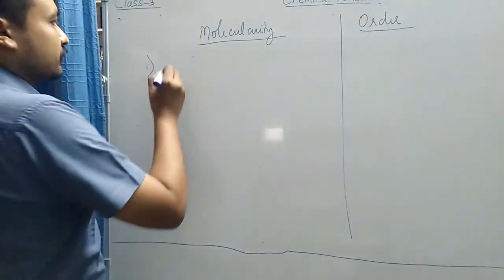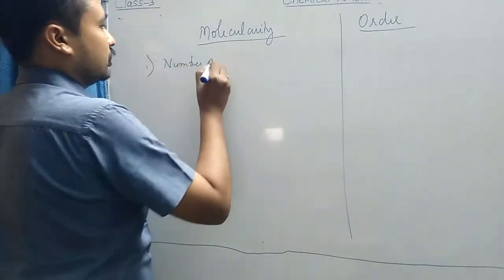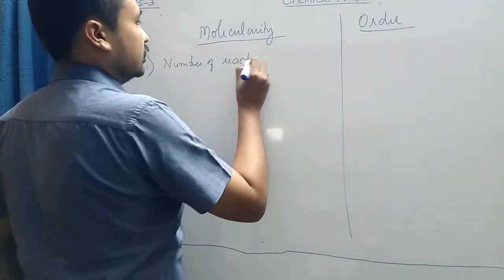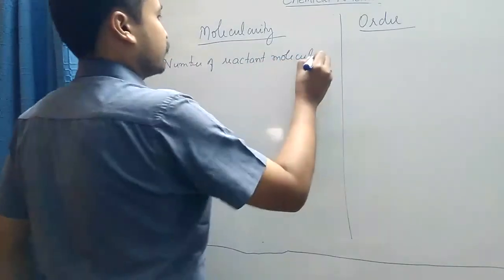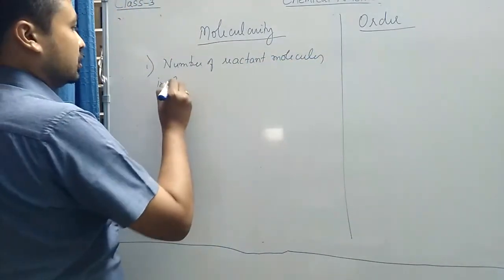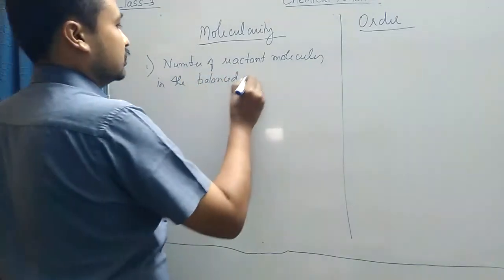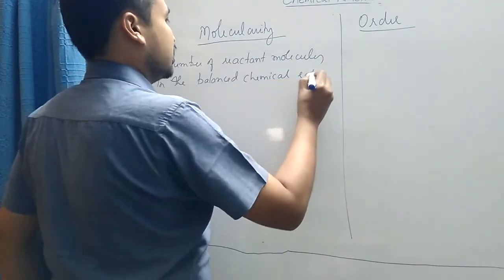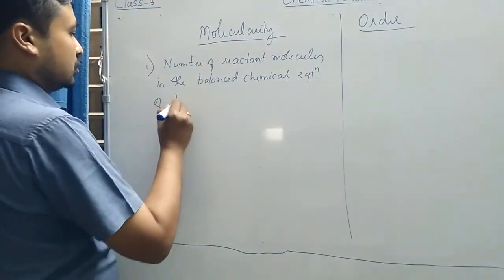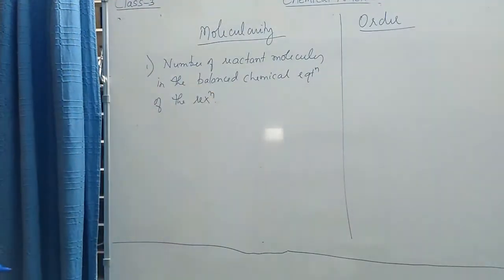What is molecularity of the reaction? It is the number of reactant molecules in the balanced chemical equation of the reaction. Definition of molecularity.